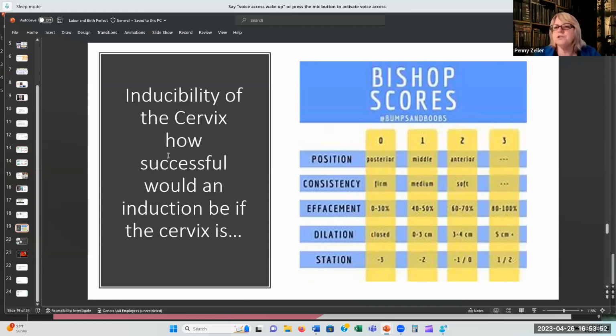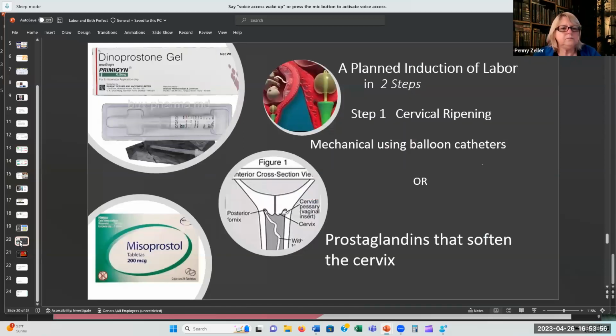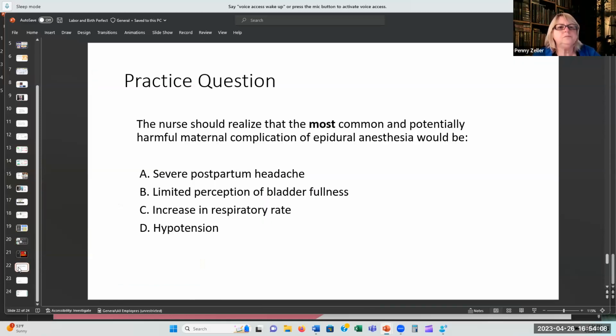So we want a higher Bishop score. And these are just the medications we use for that. We use prostaglandins to soften the cervix and to dilate it. Something really important you need to know.